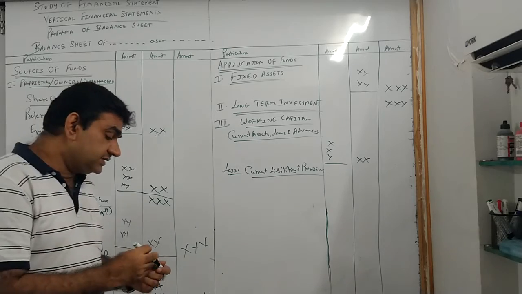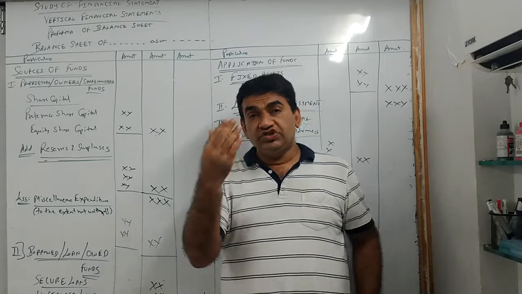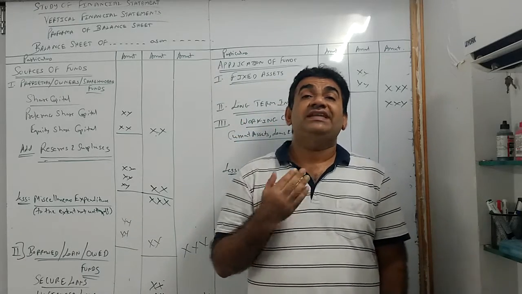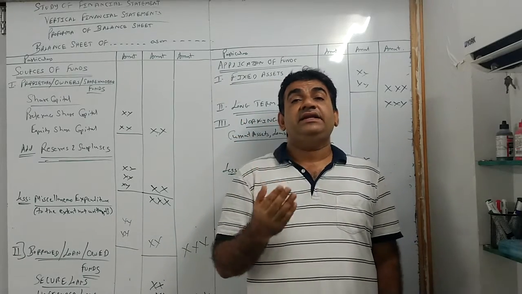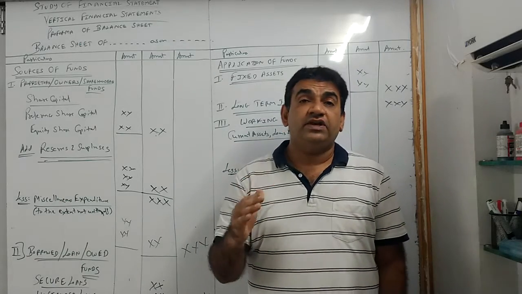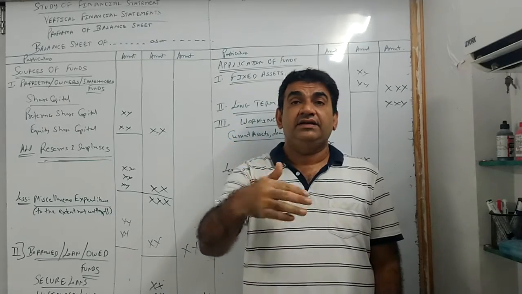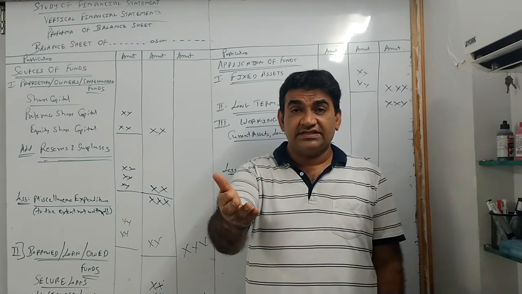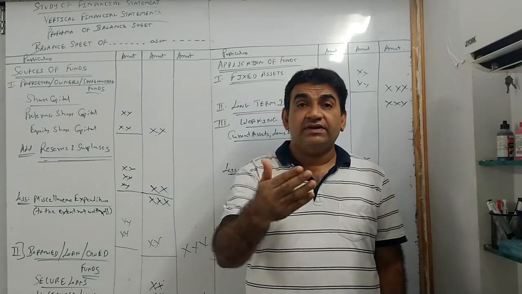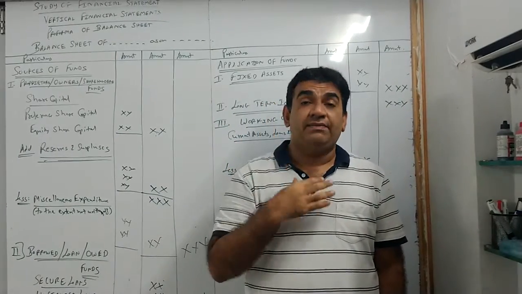What are current liabilities? Liabilities which are short term in nature, usually paid within a period of less than 1 year. Creditors, bills payable, outstanding expenses, tax payable, provision for taxation, all these are your current liabilities.